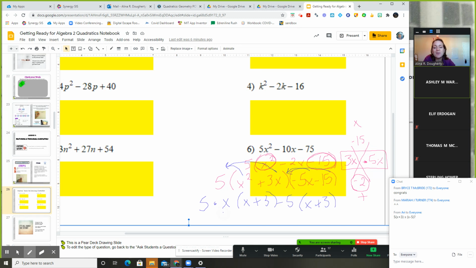Oh my gosh, you're so wicked smart. And then I got to put together my greatest common factors, x minus 5, and put together the things that match, x plus 3. That's it. We're done.